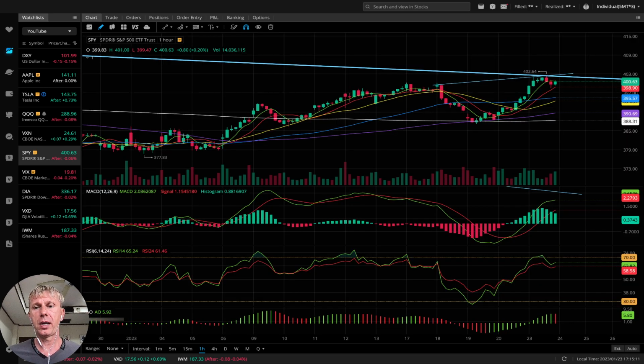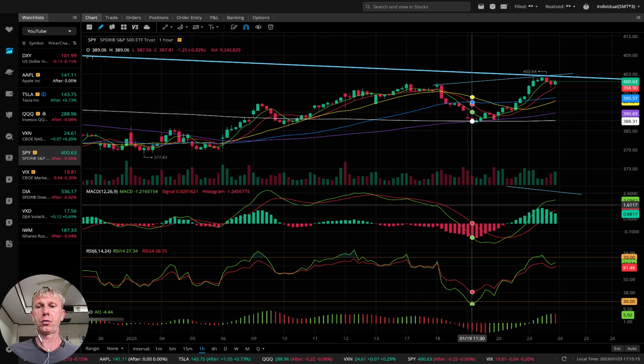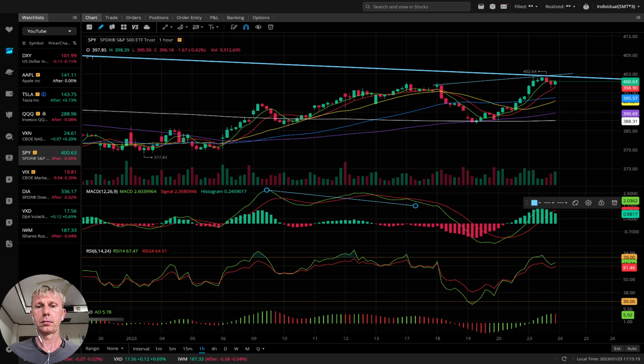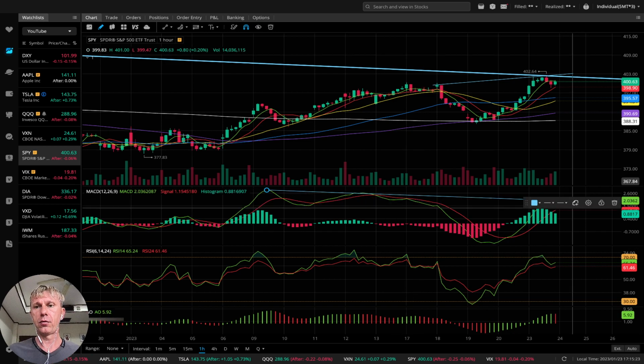On SPY for 4 hours, let's move to 1 hour. 1 hour for SPY, similar story, right? It's bearish divergence. Bullish trend, still bullish signal on all indicators except awesome oscillator.